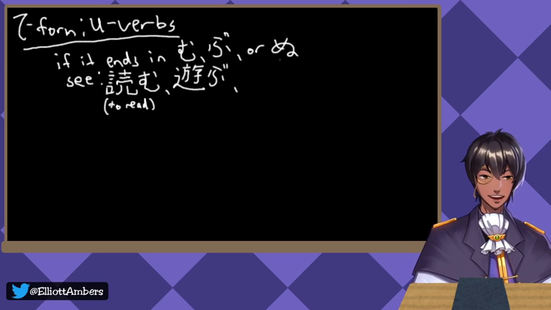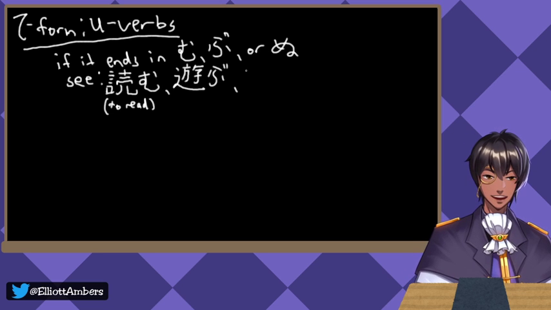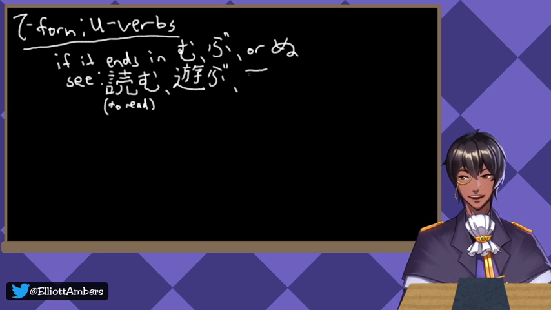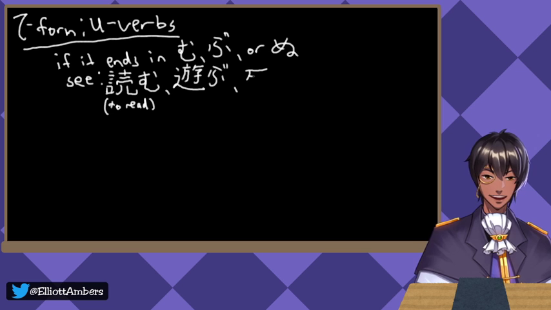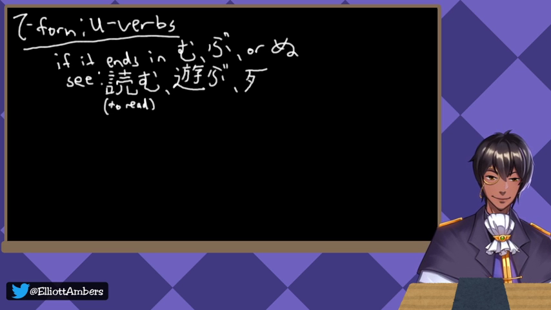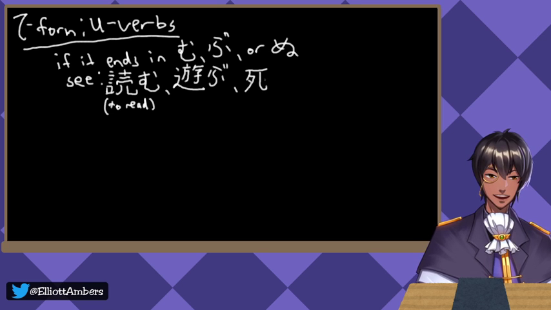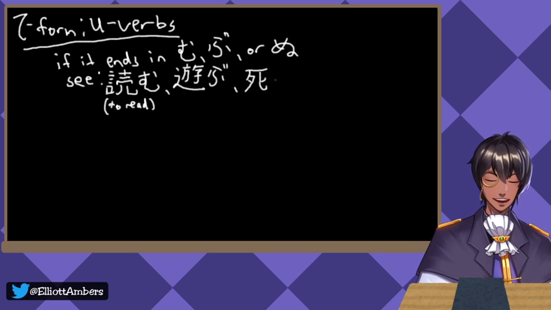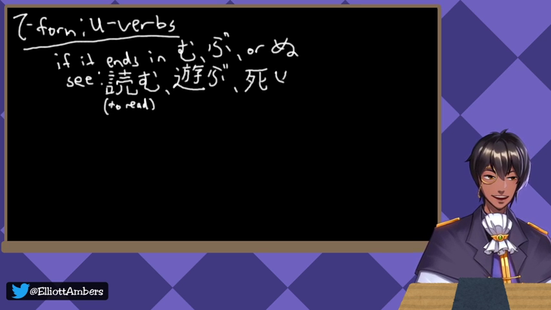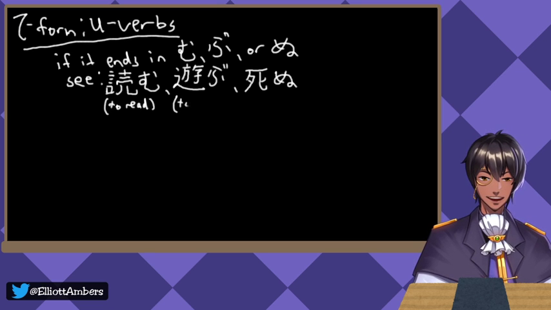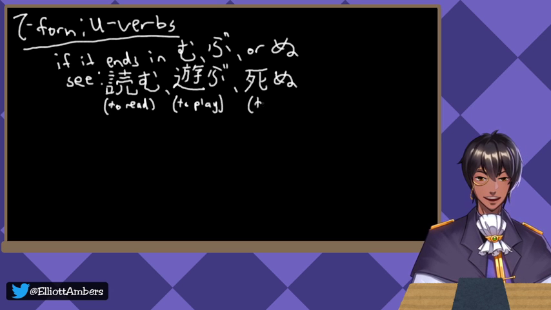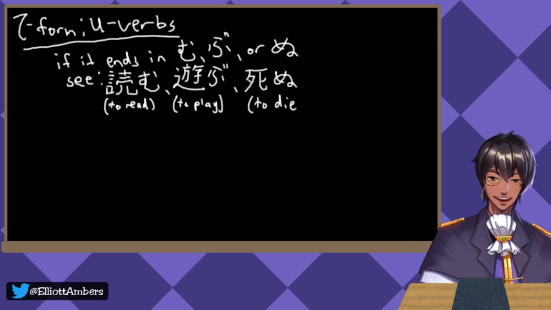And we know that nu, probably the most commonly known nu ending word, I think it's kind of brutal that a lot of media on this topic for conjugations uses this as their verb. Shinu. So this is to play, and shinu is to die.